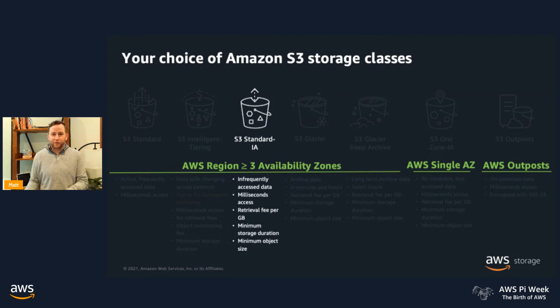You can imagine someone's on a phone and clicks on a photo. So in that case, you should probably think about using S3 Standard infrequent access. If you know your data is less frequently accessed and not deleted within a month, you can use S3 Standard infrequent access and save up to 40% on storage costs compared to S3 Standard.